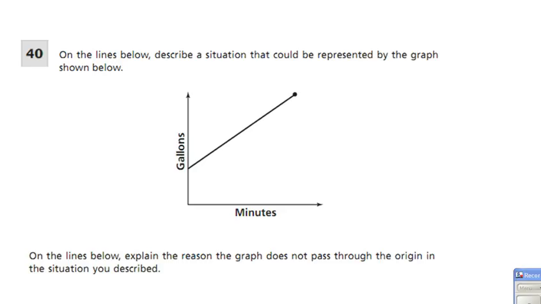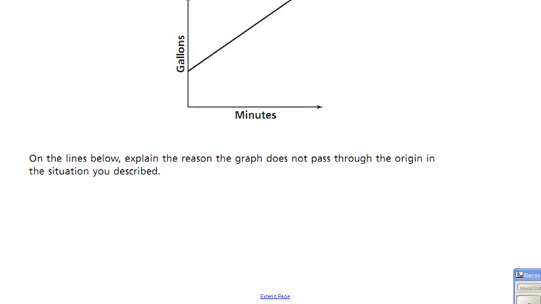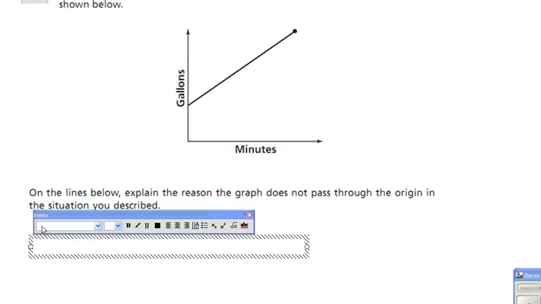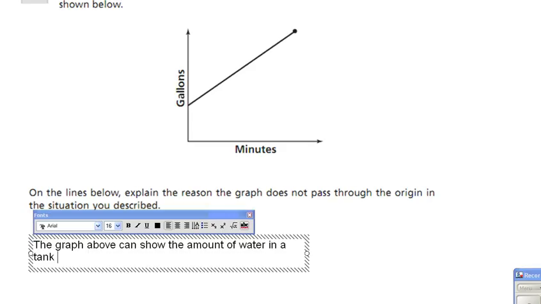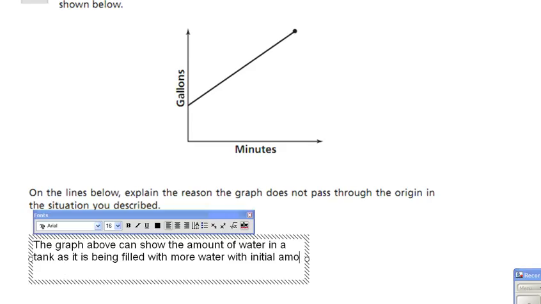Maybe the graph, among many examples, can show the amount of water in a tank as it is being filled with more water, with an initial amount that is not equal to 0.